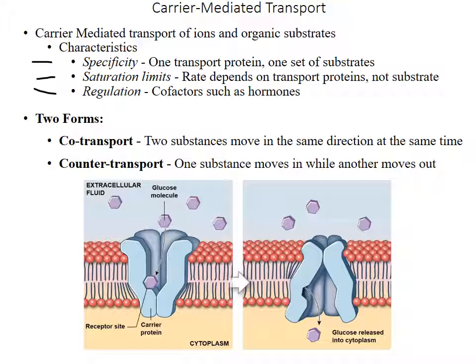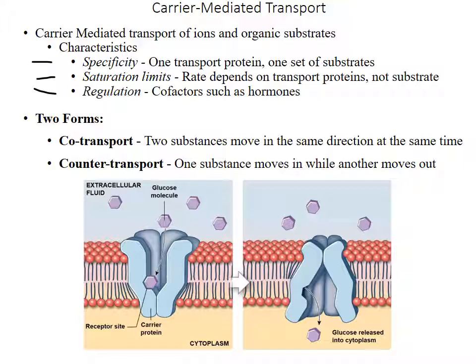Now, transport happens with carriers in one of two ways. The first of these is co-transport. With co-transport, I am going to move my molecules two at a time in the same direction.